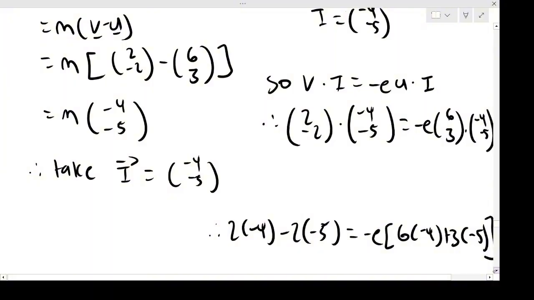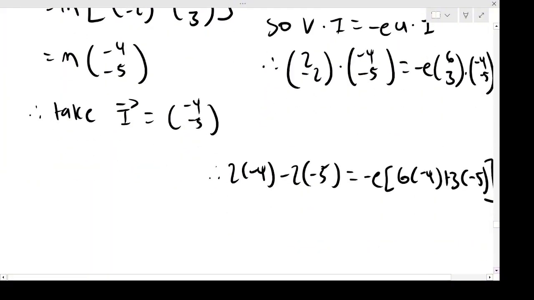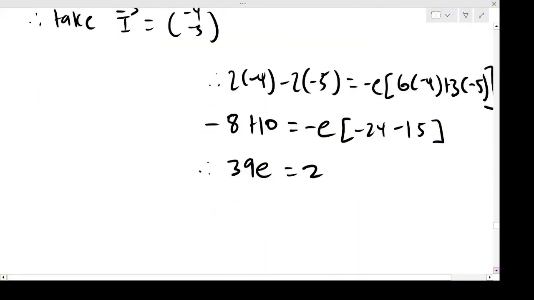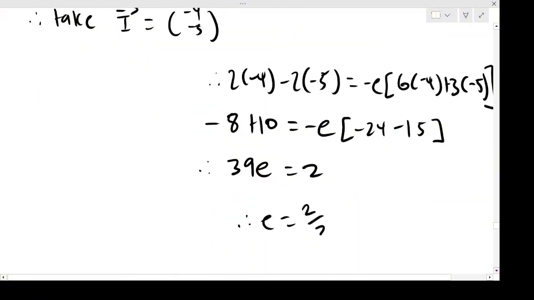Simplifying, minus 8 plus 10 is going to be minus e lots of minus 24 minus 15, which is minus 39. So we get 39e is going to be 2. Therefore, e is going to be 2 over 39. And that's my coefficient of restitution there.